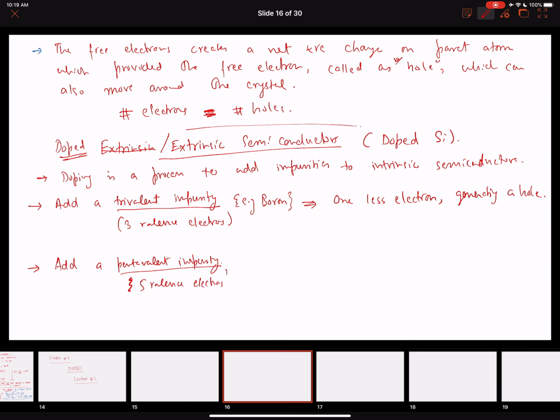We just need 4 to create those covalent bonds and complete the orbit. So if you just need 4, there is 1 extra electron now available. An example of a pentavalent impurity could be phosphorus. So now we get 1 extra or free electron.